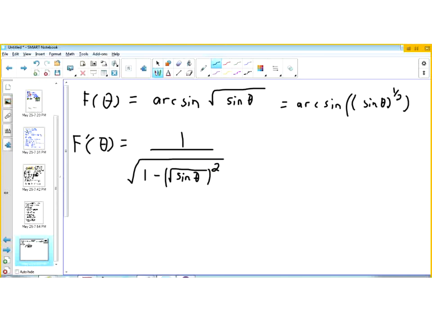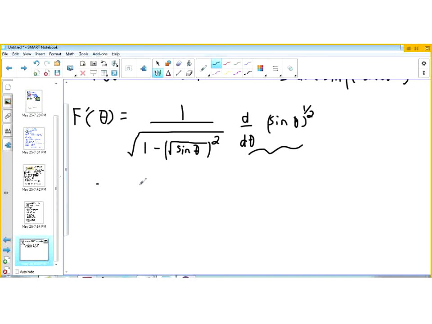The derivative of the arc sine function is 1 over the square root of 1 minus x squared. In this case we're not using x, we're using the square root of sine theta. So we have this times the derivative with respect to theta of the argument to the arc sine function, which is sine theta to the 1/2. Okay, this is the chain rule. You see this factor right here that I've got highlighted, that is from the chain rule.